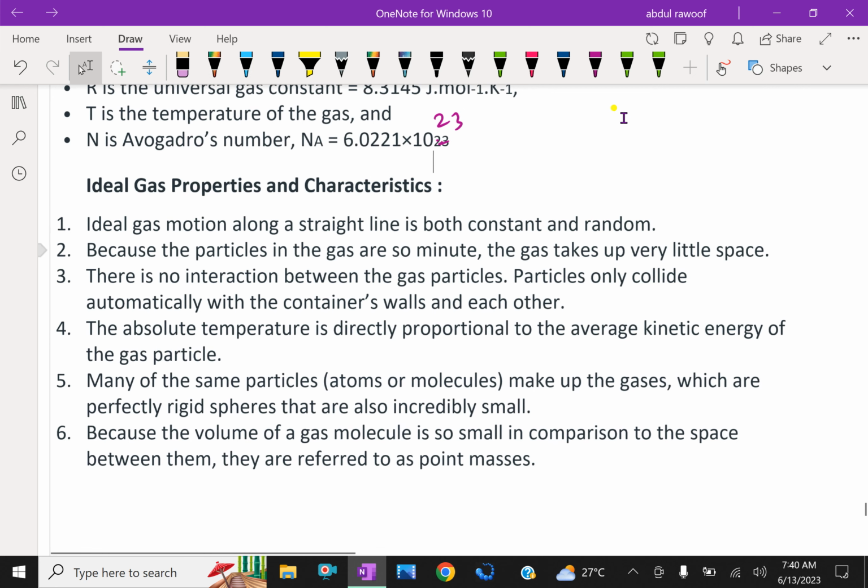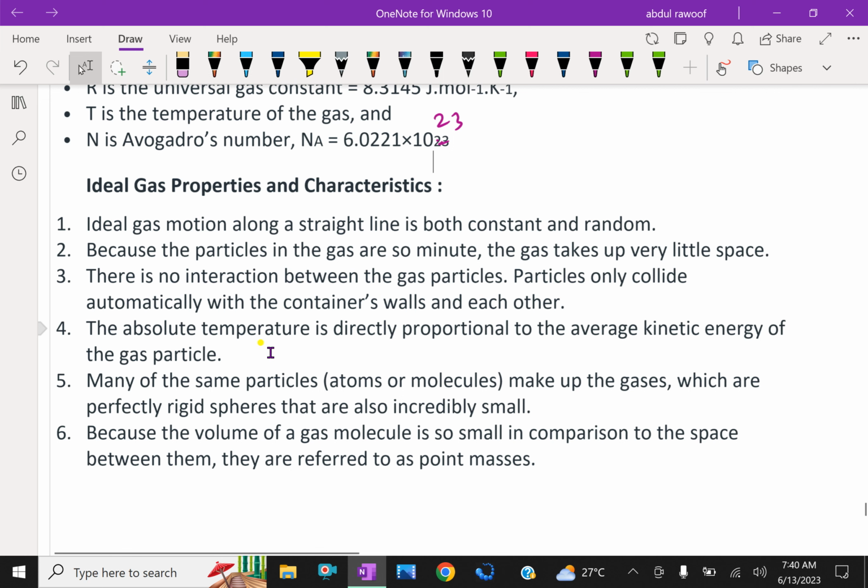Here it moves straight, back and forth, up and down, left and right, anywhere. Because the particles in the gas are so minute, the gas takes up very little space. There is no interaction between the gas particles. Particles only collide elastically with the container walls and each other. That is why pressure is created.